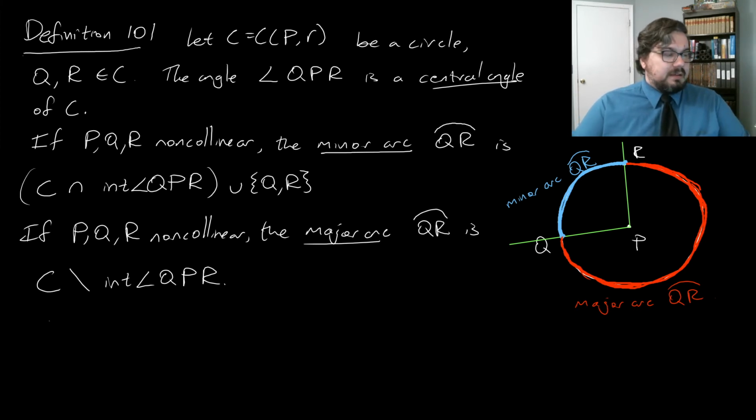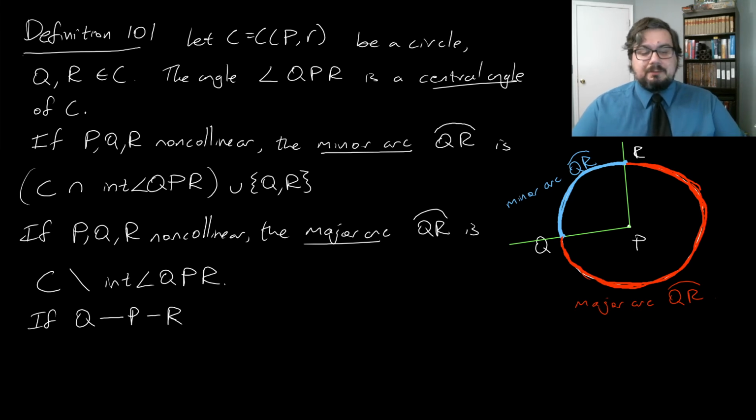Now, if we do have that P, Q, and R are collinear, so if P lies between Q and R, then the two arcs are going to be half circles. Let me draw a smaller one down here.